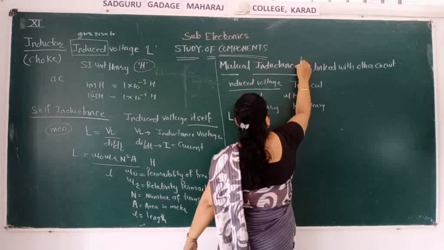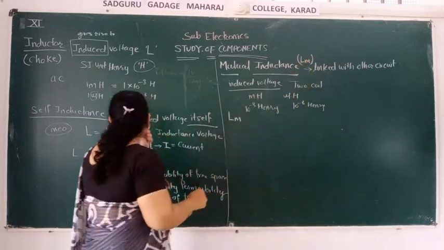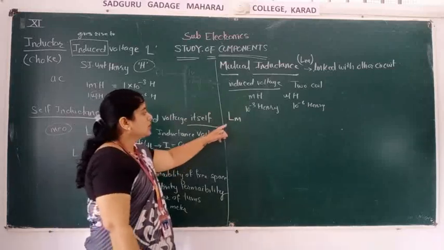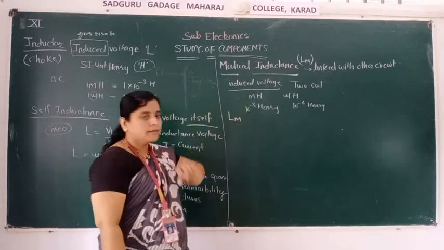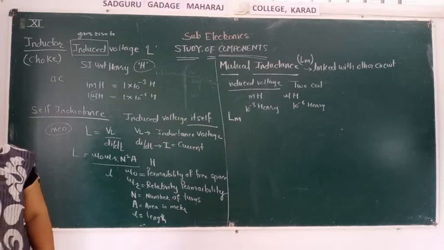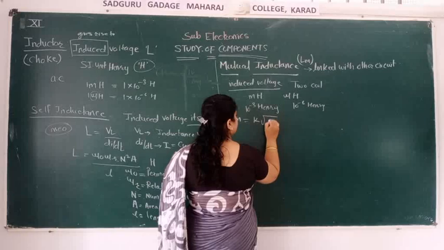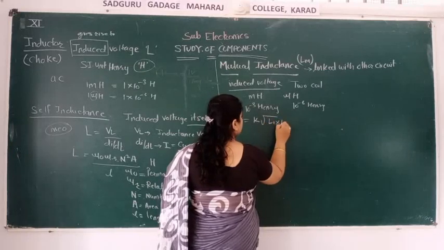Mutual inductance is indicated by Lm. Lm has the formula Lm is equal to K into the square root of L1 into L2.